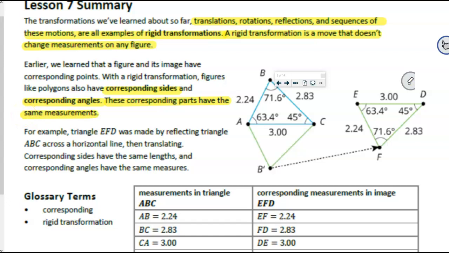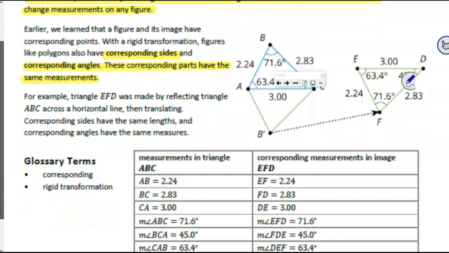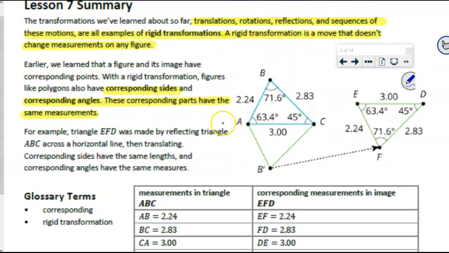For example, triangle EFD was created by taking triangle ABC and reflecting it across this line here, and then translating it. So all of those angle and side measurements stayed the same. They all have the same as the original.